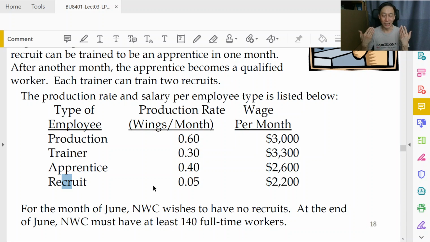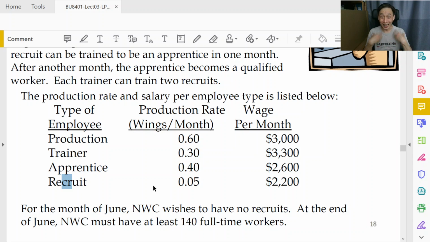So we need to link them together, but instead of using the subtractive way of saying things, given that the second month has 5 apprentice and you know 10 trainers and 10 production workers and a total of 30 workers, then we minus to get the number of recruits. We don't deduce the number per se, right? We don't subtract to get the results.